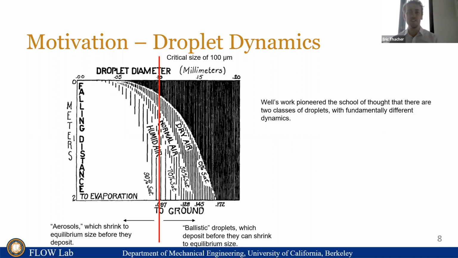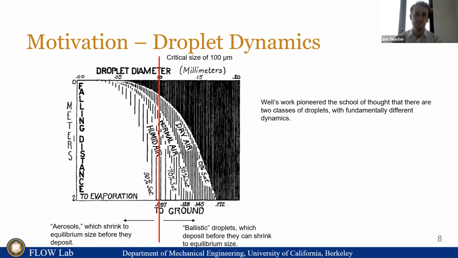So what that meant was that you had these two schools of thought in terms of droplet dynamics: aerosols, which are smaller than this critical size, which shrink to an equilibrium size before they deposit, versus ballistic droplets, which deposit before they can shrink to an equilibrium size. So you can think of them like cannonballs, basically, that get ejected from the mouth and then hit the surface while they're still evaporating.